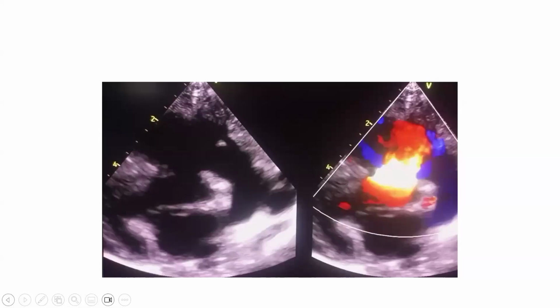But the key thing with the closure is not so much the size, but the amount of rim you have available. The closer the margins of the VSD are to the insertion of the atrioventricular valves, the less likely that you are going to try and close it with the device, because the device hasn't got any superior area to rest upon.